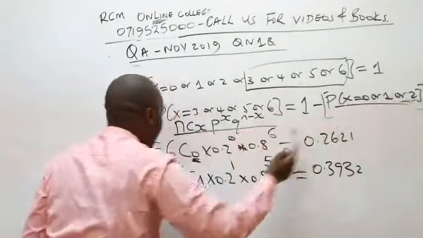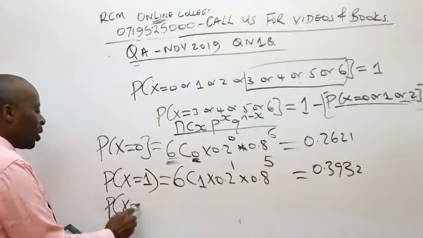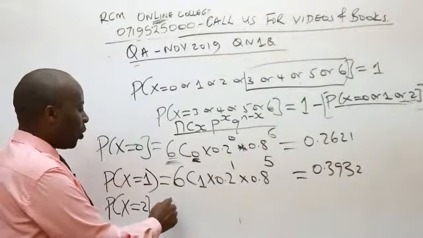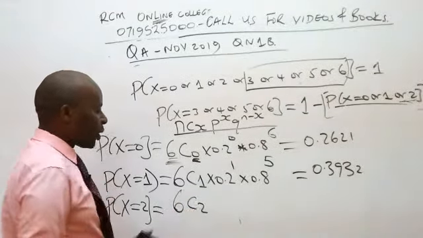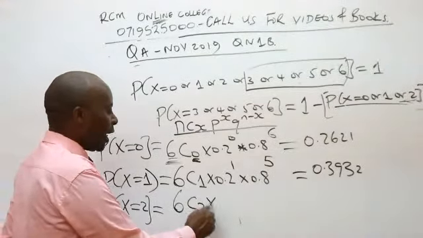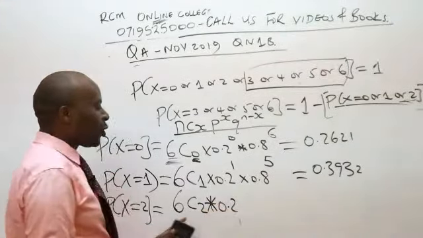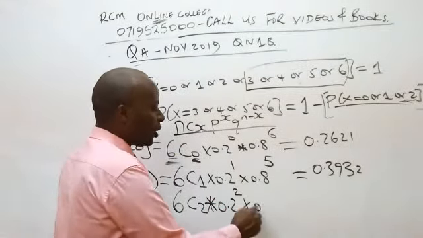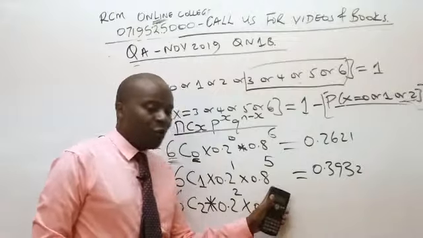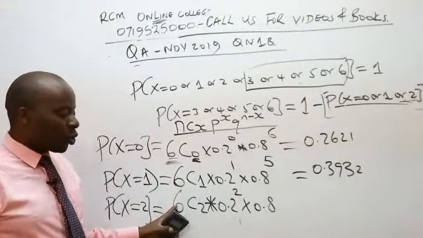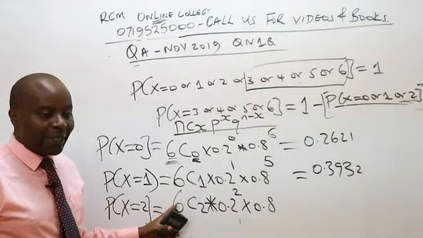From there, we have the last event. The last event is the probability of X being equal to 2. The probability of X being equal to 2 will go like this: 6 combinations X, where our X is 2. So 6 combinations 2 times 0.2 raised to power X, where our X is 2, times 0.8 raised to our new power here. Remember the fact that the two powers must always total to the n that is here, 6.